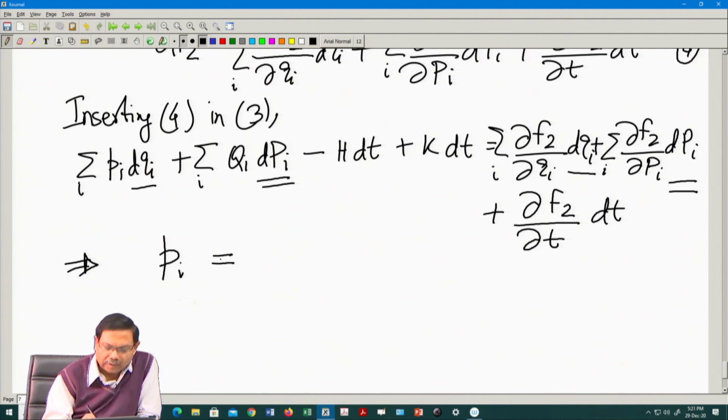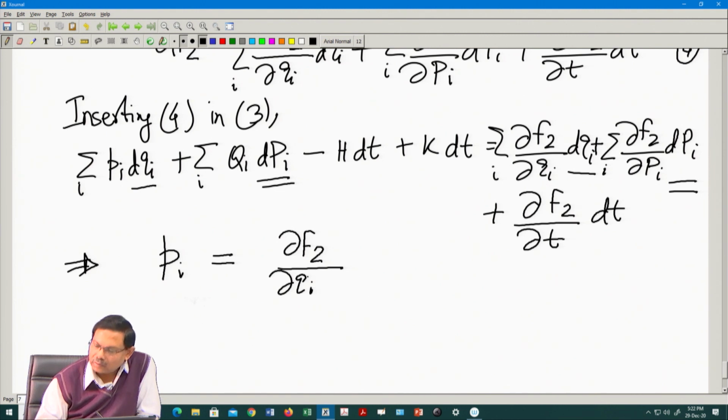The i-th old momentum p_i can be written as the partial derivative of F2 with respect to the old coordinate q_i. This is a function of q, P and t.